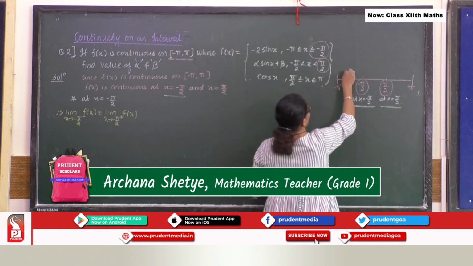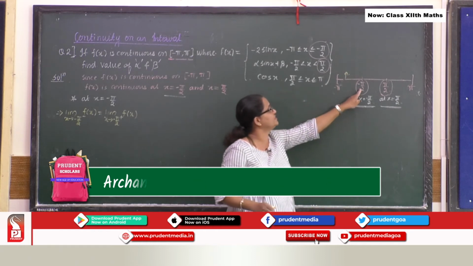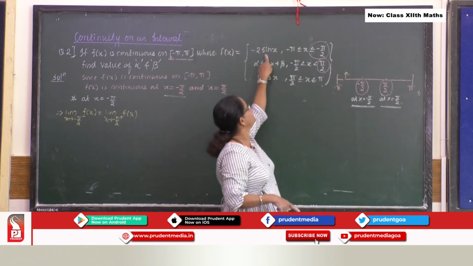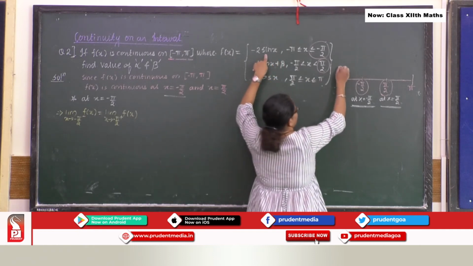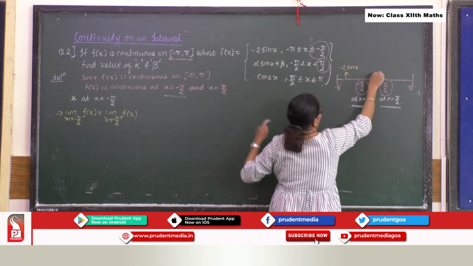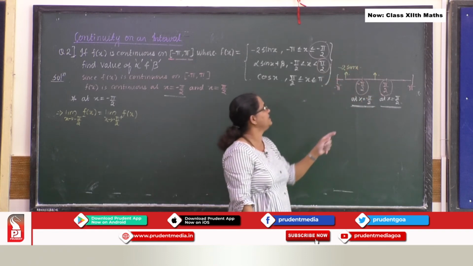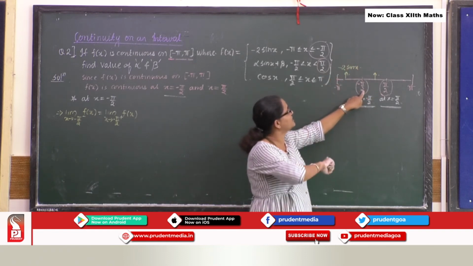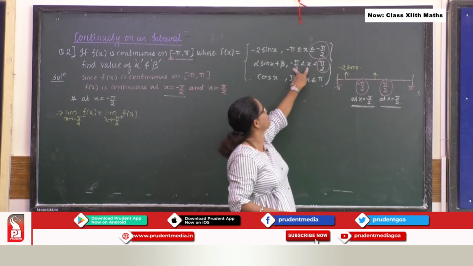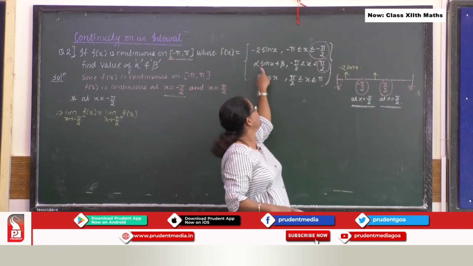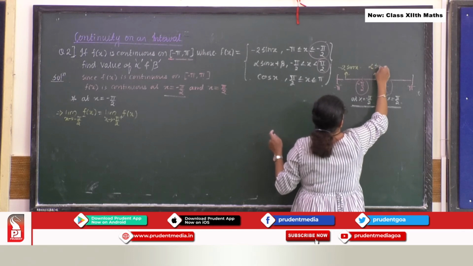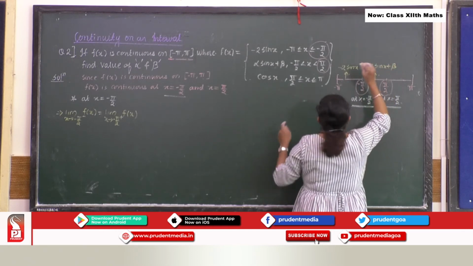When you talk about all the values which are less than or equal to pi by 2, it considers minus 2 sine x. Now the right hand limit side: all the x values greater than minus pi by 2 come in the second definition, which is alpha sine x plus beta.